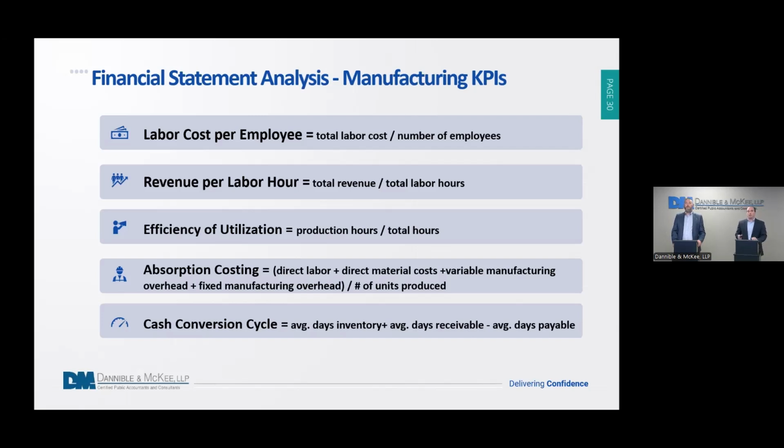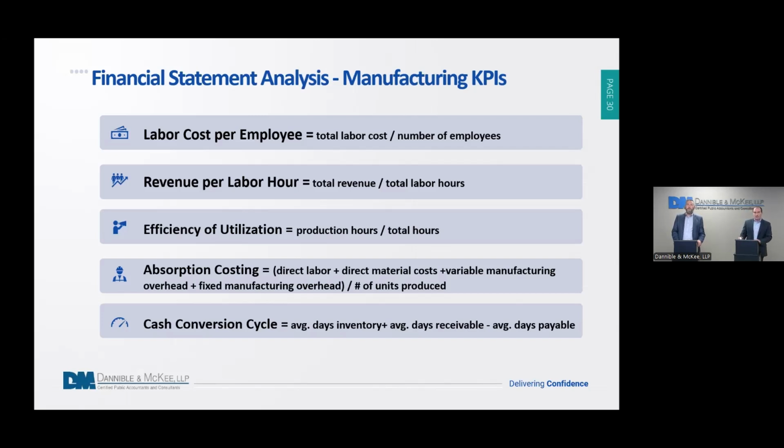This is one you really want to track over a period of time. It measures the efficiency of your manufacturing process. If the number goes up, did you have some downtime during the period where machines were down? Did you have some labor issues? Did you have some order issues? This KPI will really bring that out.